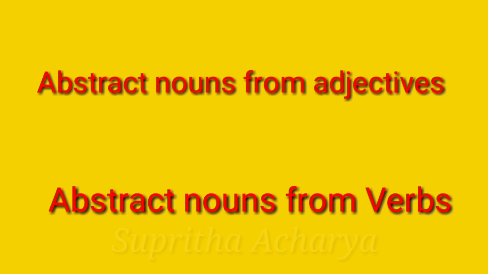If we add suffix ment, that is discouragement. So, discouragement is an abstract noun. Like that, we add the suffixes to verbs to form abstract nouns. Have you understood how to add the suffixes to verbs to form abstract nouns? Great.